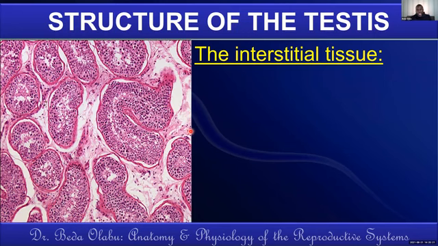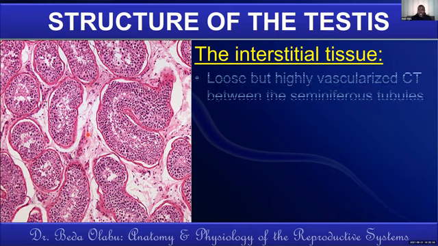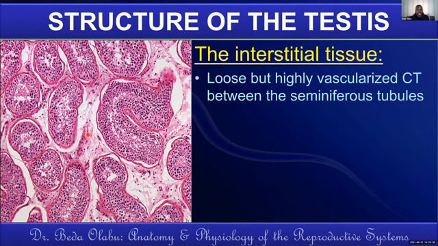The second entity of the testicular parenchyma is what we call the interstitial tissue. In this histological image, this is seminiferous tubules of the testis, but this is interstitial tissue. The interstitial tissue of the testis consists of loose connective tissue, but this loose connective tissue is richly vascularized, containing a lot of capillaries.